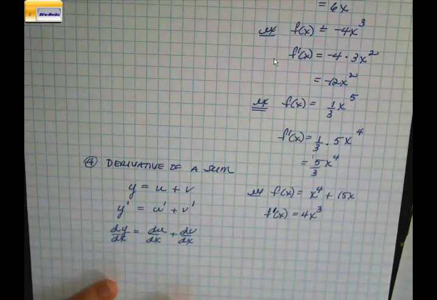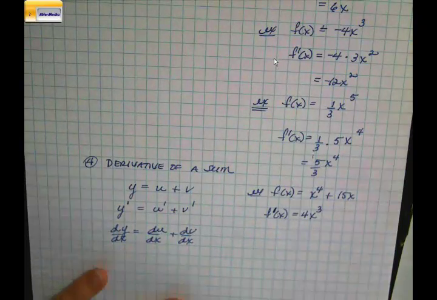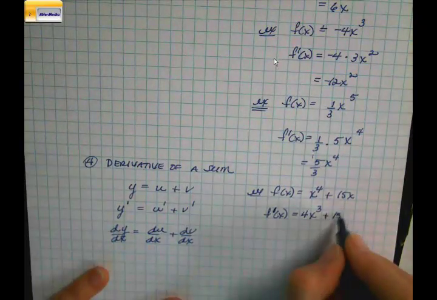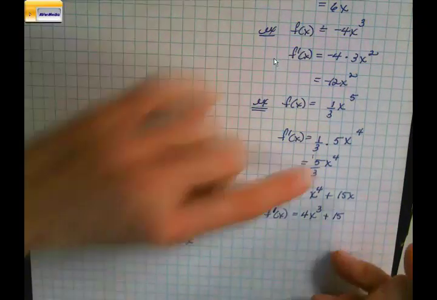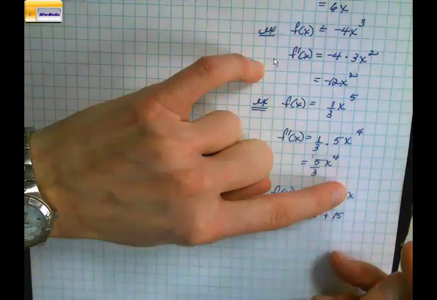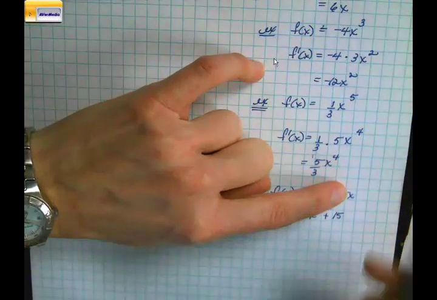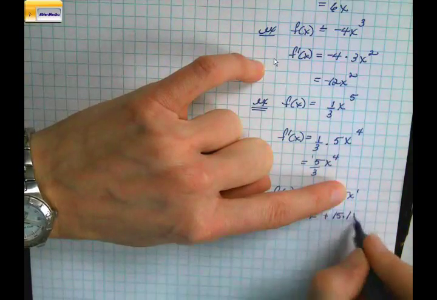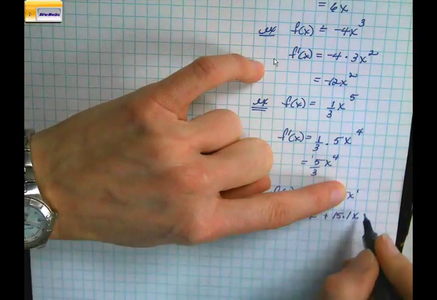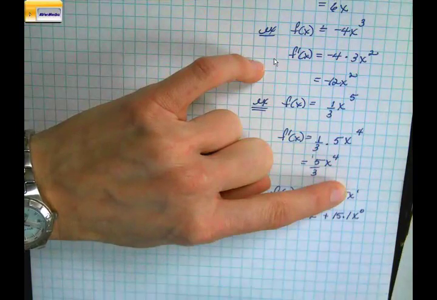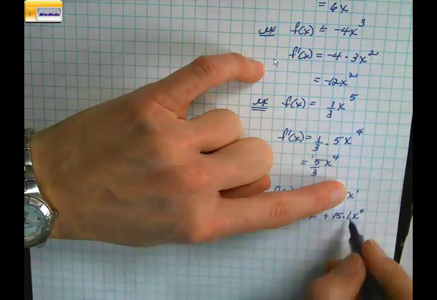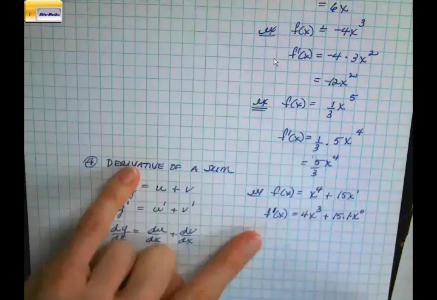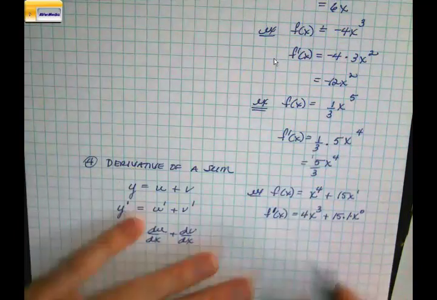Oh, we've not taken the derivative of 15x, okay. The derivative of 15x is to keep the 15, the constant, in the front, and take the derivative of x. Well, the derivative of x, that's x to the first power, isn't it? So you bring the 1 out front and you decrease the 1 by 1. So it's going to say 1 minus 1, which is 0, right? x to the 0 is 1.